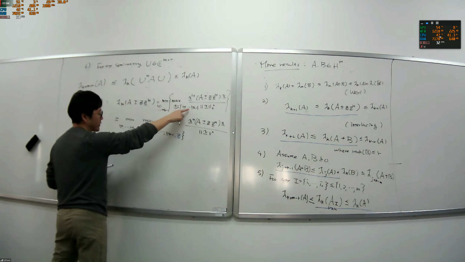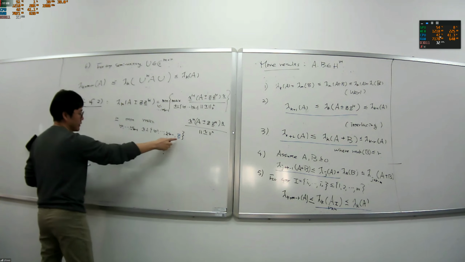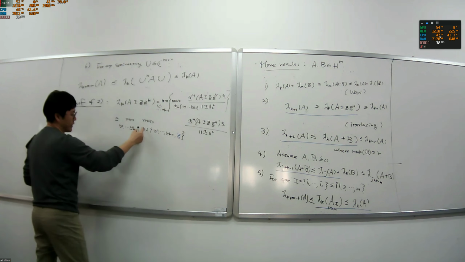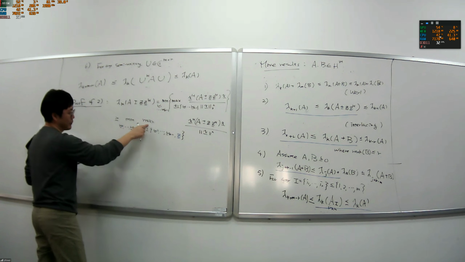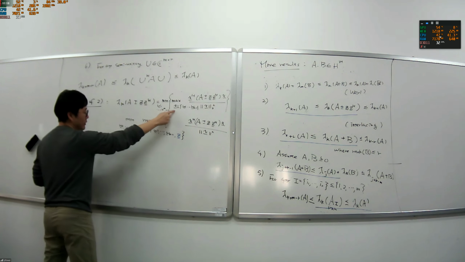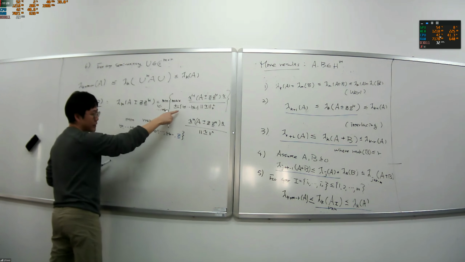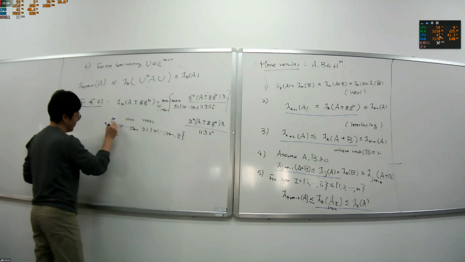Now X is orthogonal to this, and we add one more Z here, so this becomes more restrictive. So its maximum value will be no larger than the maximum value of this, because this is less constrained. So then we get a lower bound.